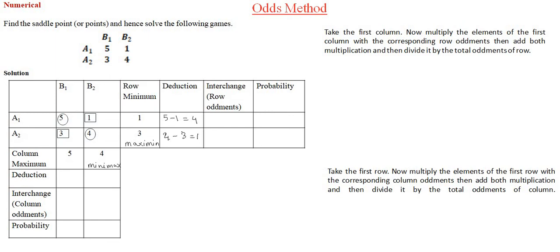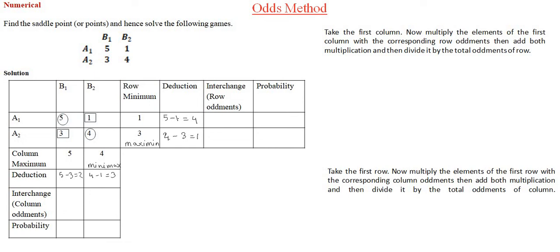Here we always subtract the smaller value from the greater value. In case of columns, the first deduction would be 5 minus 3, that is 2, and the second deduction would be 4 minus 1, that is 3.